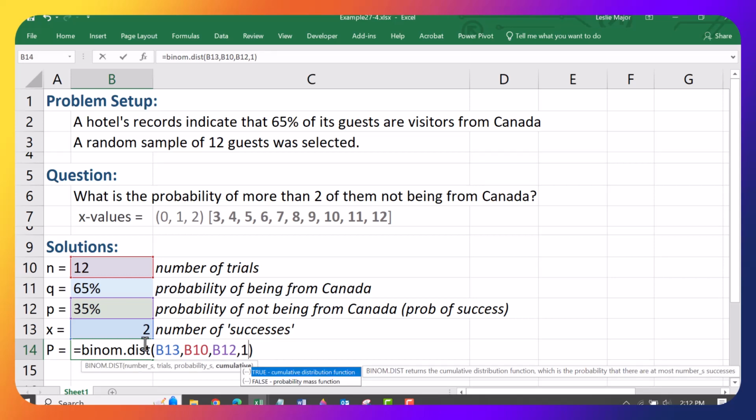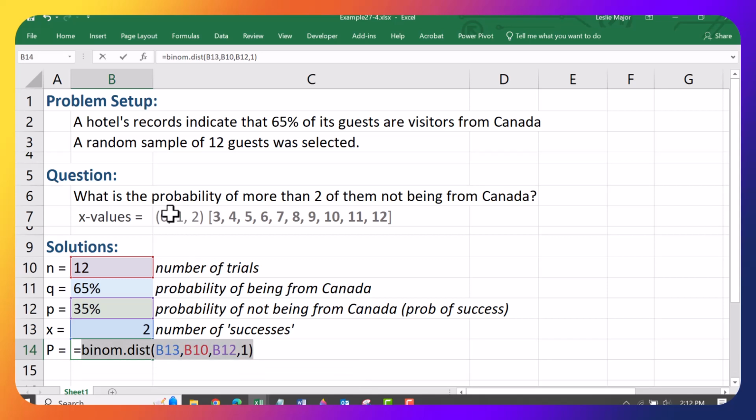This Excel call is going to give us the odds of 0, 1, and 2. It will give us the probability of at most 2. When we put in the 2 for the x and cumulative equal to true, it gives us the probability up to and equal to 2.